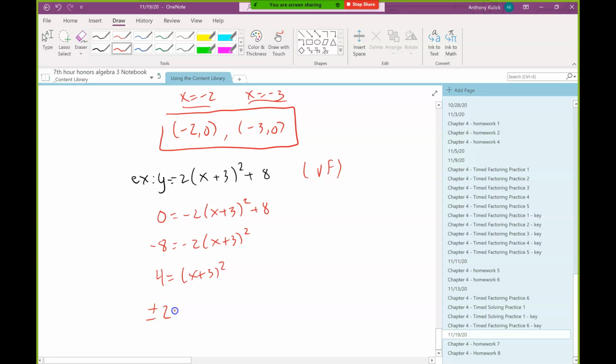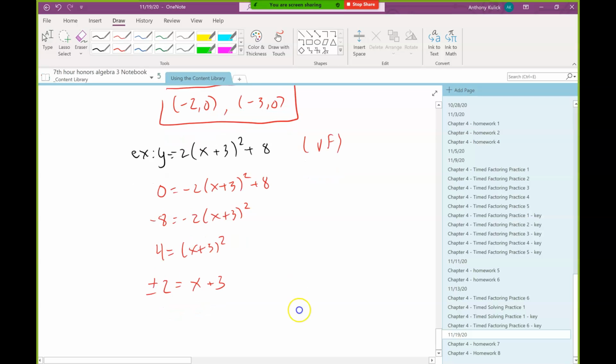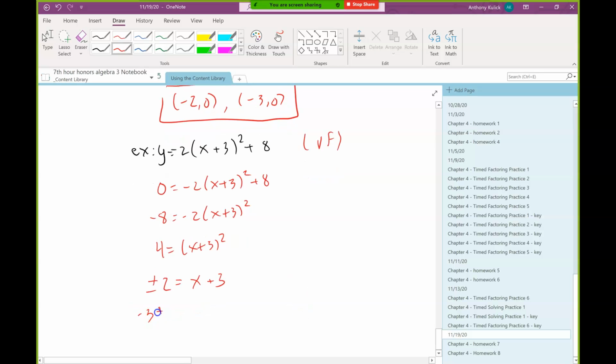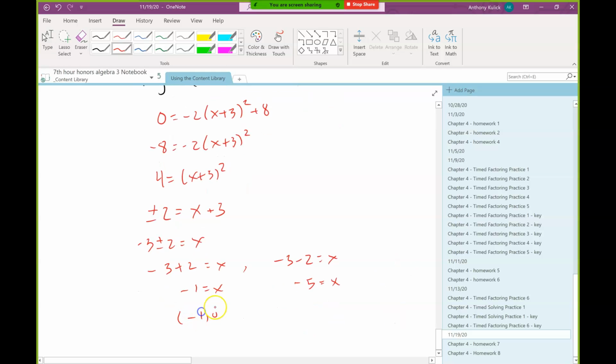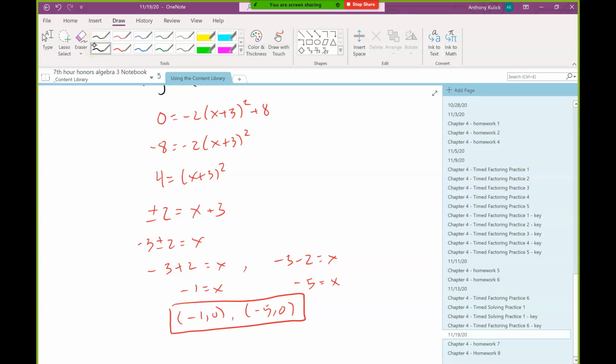The square root of 4 is 2, and I get the plus or minus because I did the square root to both sides. And then I subtract 3 from both sides. This creates two answers: negative 3 plus 2, and negative 3 minus 2. So negative 1 and negative 5 are my values for x. So my two points are negative 1, 0 and negative 5, 0.